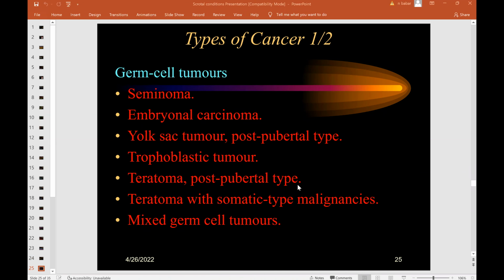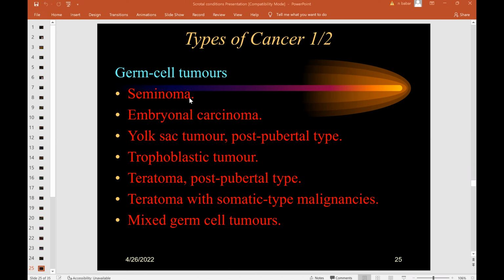Testicular cancers are basically germ cell tumors. Nowadays, they are classed as seminomas or non-seminomas. Seminomas arise from seminiferous tubules inside the testicle.